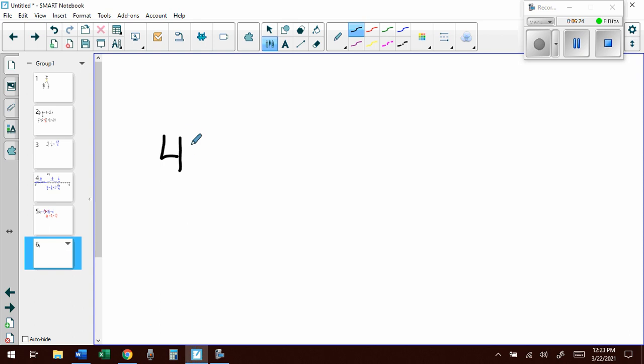Again, we set it up: 4 and 1/4. We saw here that a fraction equivalent to 1 whole would be 4/4. We have that 4 times, and we had an additional 1/4.